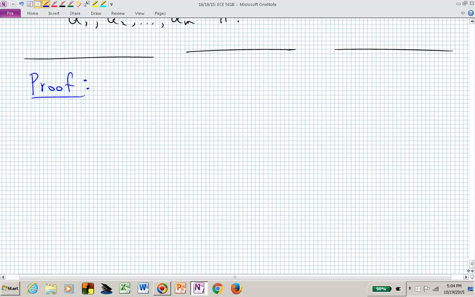Let's start with the original expression. The norm squared of a1 e1 plus a sub 2 e sub 2 down to a sub m e sub m. And again, we haven't said anything about m and its relationship with the dimension of the vector space that we're playing with.